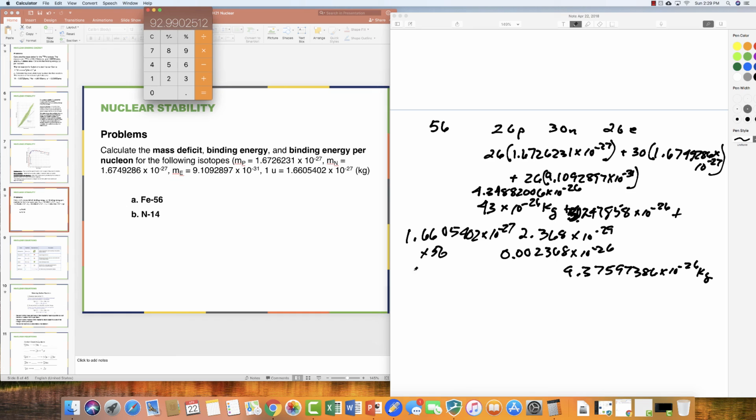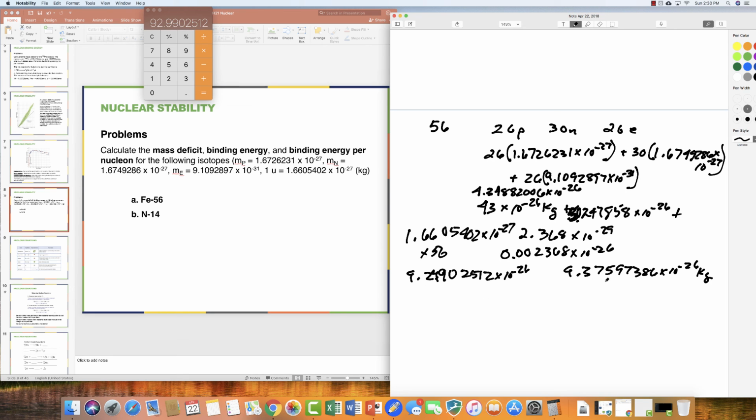That's going to be 9.29902512 times 10 to the minus 26. You can see that this number is smaller than this number, so it makes a difference between these two.